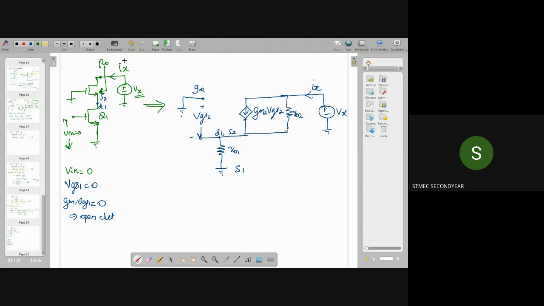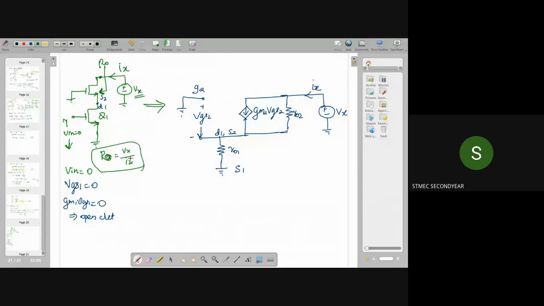Now to find R0, R0 equals Vx divided by Ix. Next, I am writing the KVL equation between this output terminal and ground.